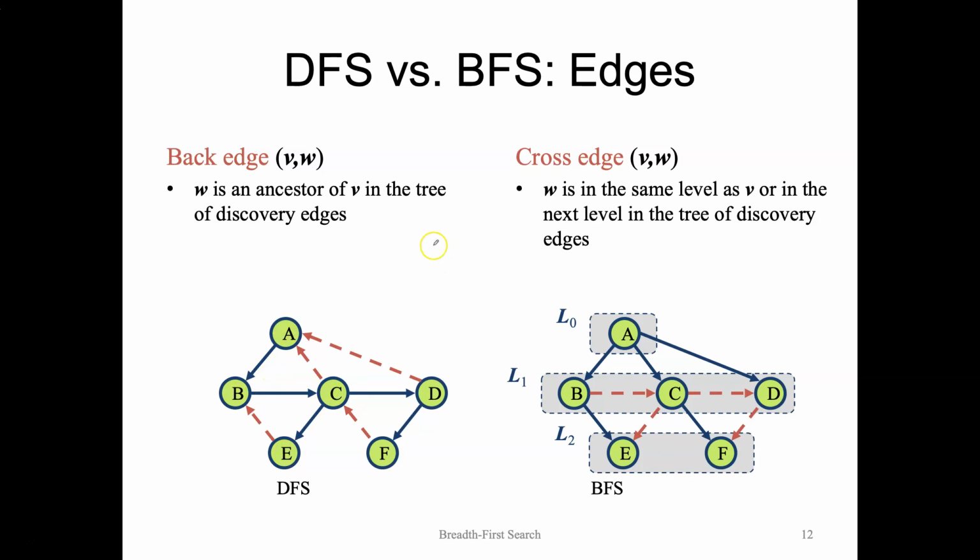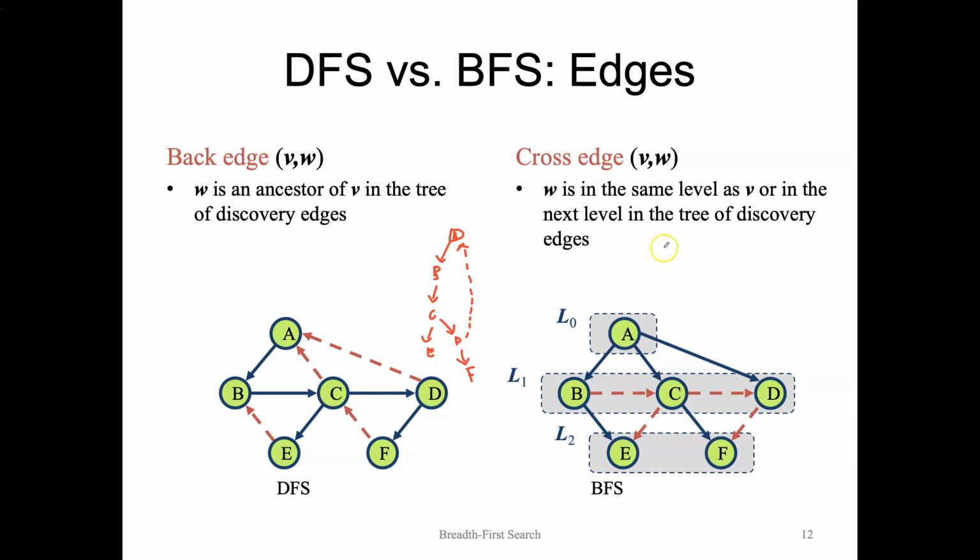So if we were to draw this so that the root of our tree is up above, here we have vertex A to vertex B to C, which goes to D and E, and D has child F. So this is our tree induced by discovery edges. A back edge with DFS means that we're going back to an ancestor. So for example, from D to A, this is going to some ancestor. A is an ancestor of D in this tree.